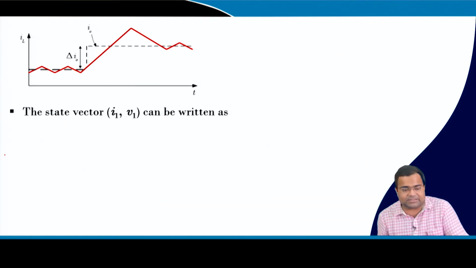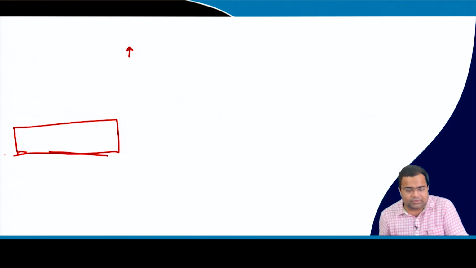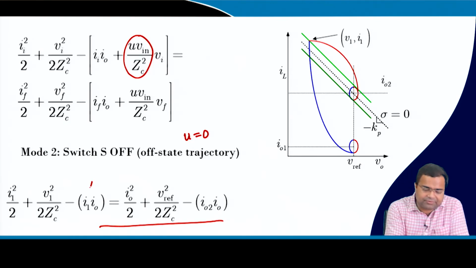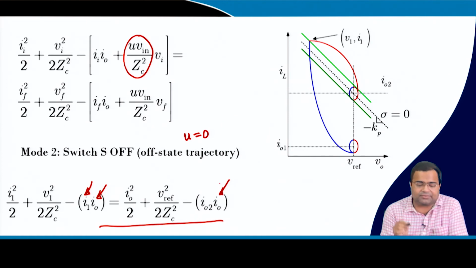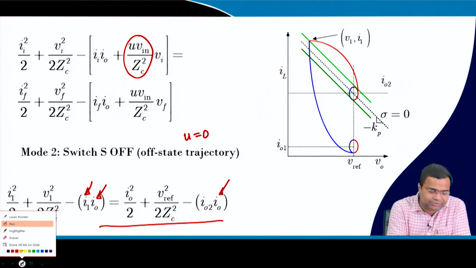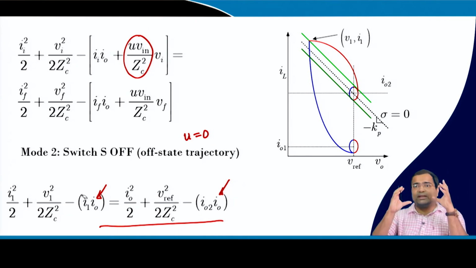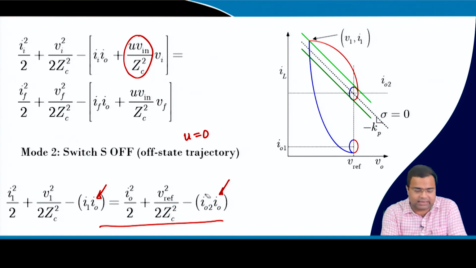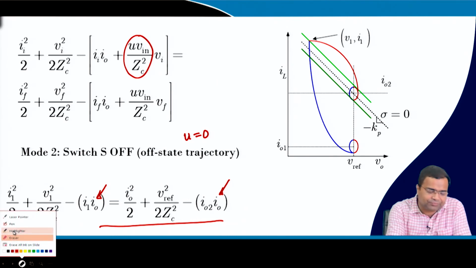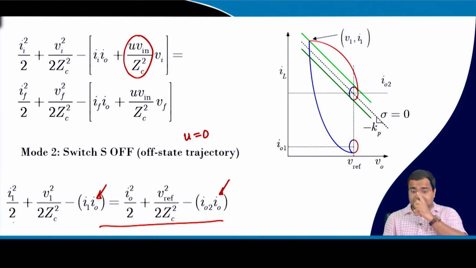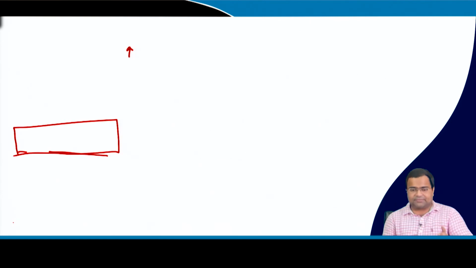So, in our expression, if you go back, here you have this I0. This I0 is the instantaneous load current. So, this instantaneous load current we are putting I01 plus delta I0, and I02 is the final current, which is also I01 plus delta I0, but I01 is the initial current.